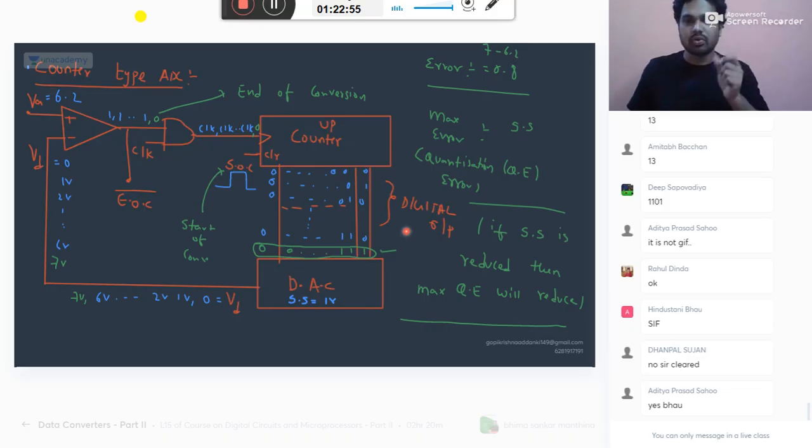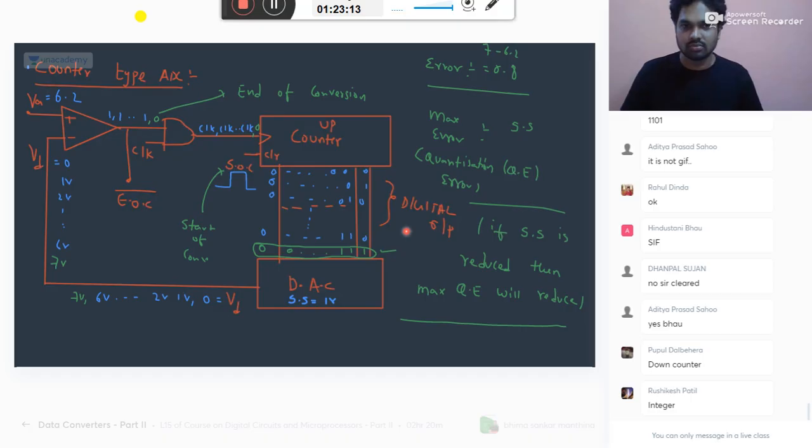I want to improve quantization error. What to do? Don't say, sir, I will decrease step size. No. Step size should be the same, but still I want to improve quantization error. What to do? Is my question clear?